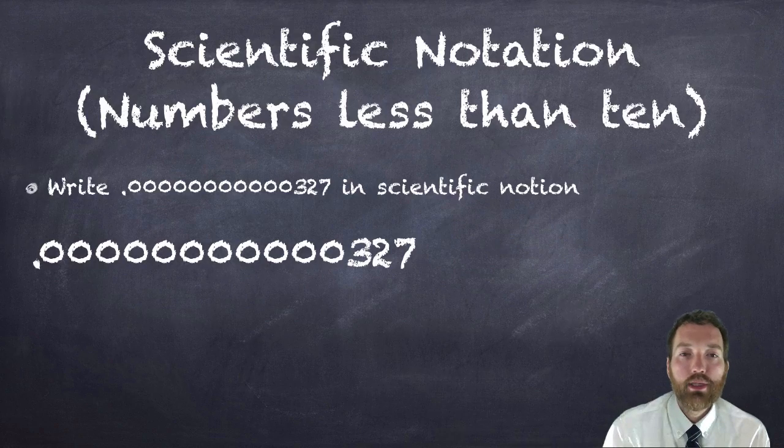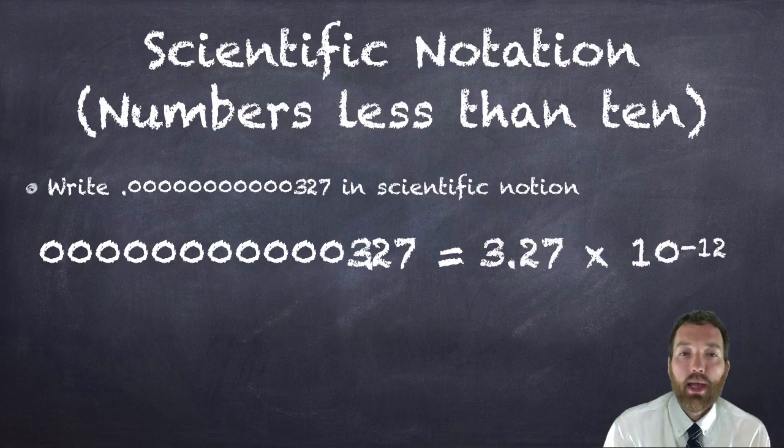And count the number of places you moved it, and that is your exponent. 1, 2, 3, 4, 5, 6, 7, 8, 9, 10, 11, 12. So now I have a coefficient that is bigger than 1. 3.27 is bigger than 1, but it's still less than 10. But my exponent is times 10 to the negative 12.